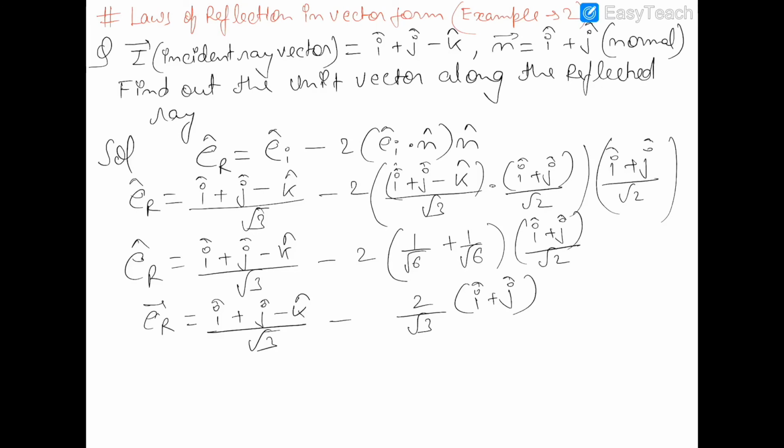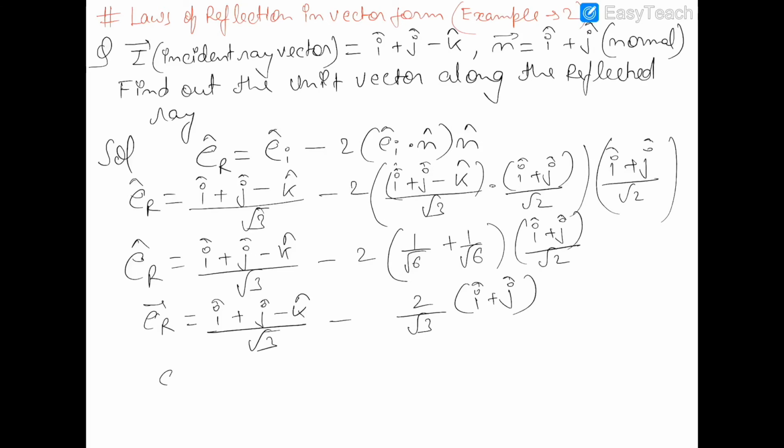You can calculate that 1 by √6 plus 1 by √6 is 2 by √6, and 2 into 2 is 4 by √6. Now √6 can be written as √2 into √3. So √2 into √2 is 2, and 2 is cancelled out with 2. So at the numerator 2 remains, and at the denominator it would be √3.